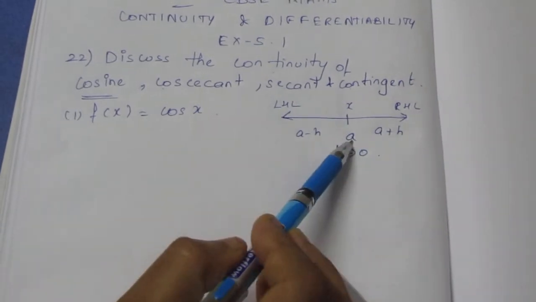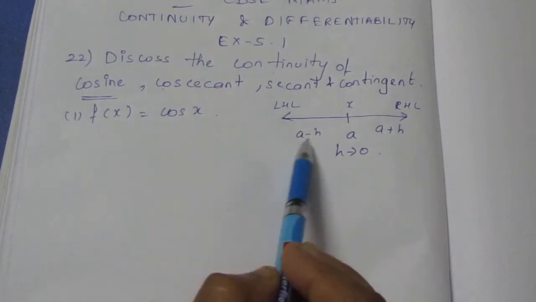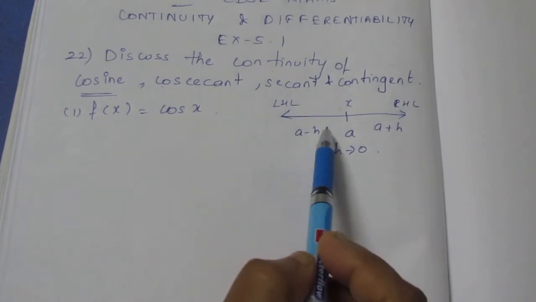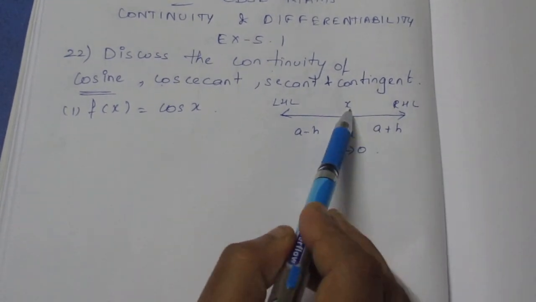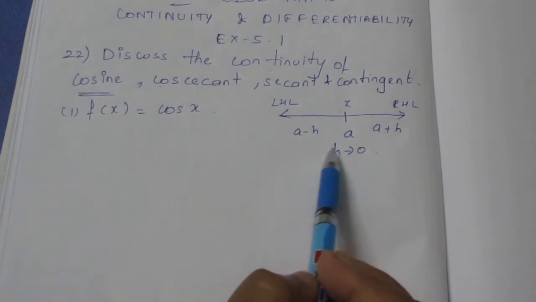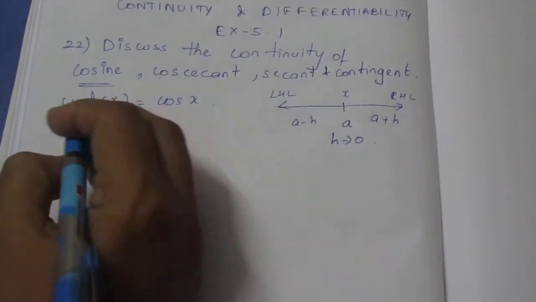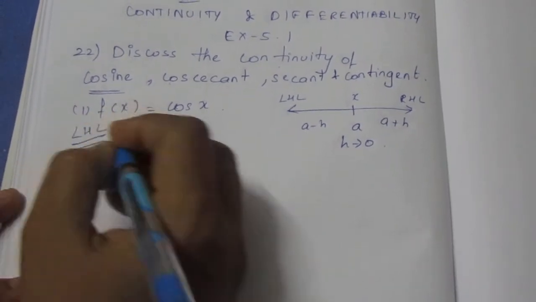If we are going to take it to be a, here h will be 0, only then we can write x will be equal to a. If h is equal to 0, the same way x will be equal to a. So limit h tends to 0, I need to substitute when it is a minus h or a plus h. So let me take the left hand limit.